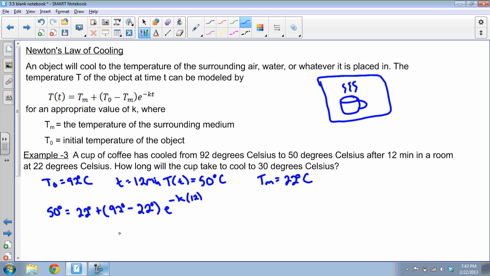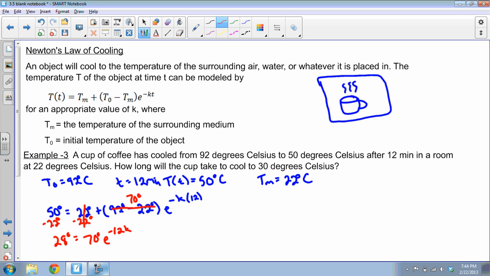So let's do this math. I can do 92 minus 22 because that's 70. I can subtract the 22 degrees over to the left side. Sounds like a good idea. So that's going to be 28 degrees equals 70 degrees times e to the, let's do this, negative 12k.